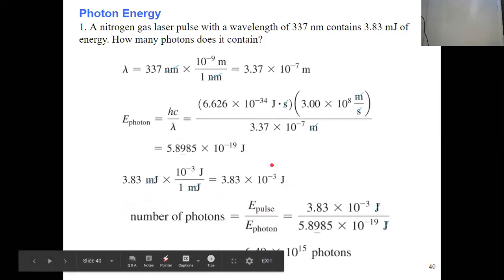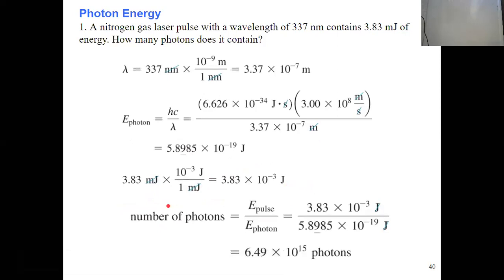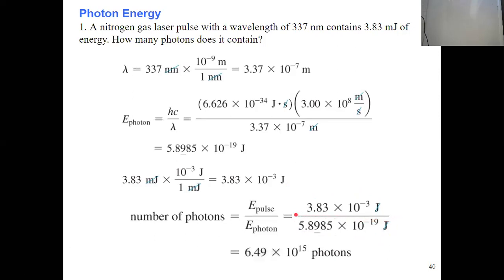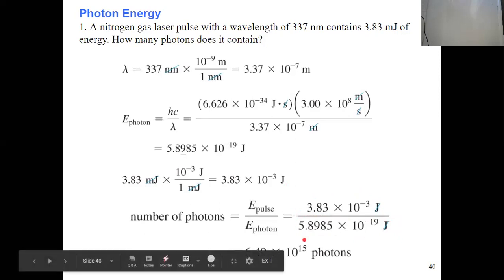Now I had 3.83 times 10 to the negative 3 joules. I'm going to divide it by the number of joules from just one photon. And when I do this, I will figure out how many photons were responsible for this particular energy value.